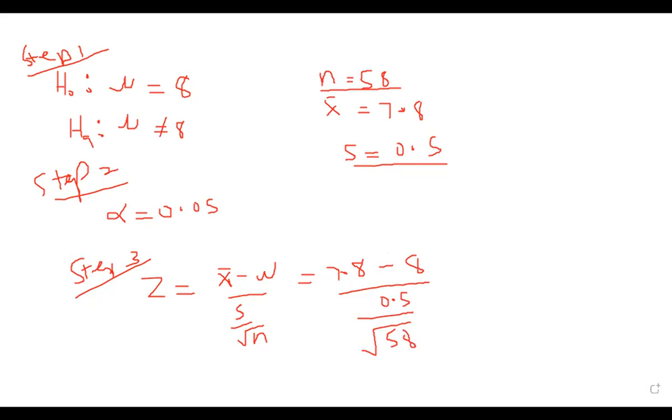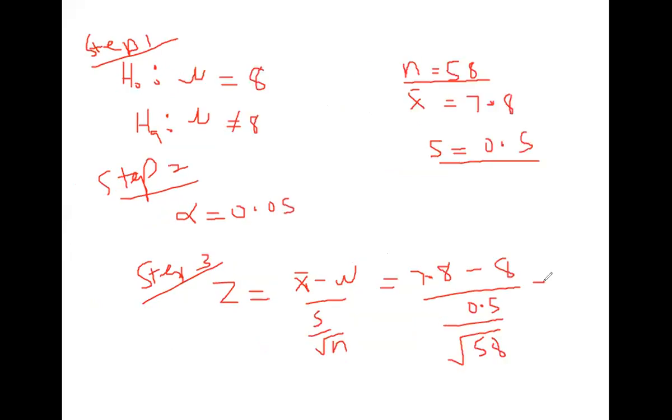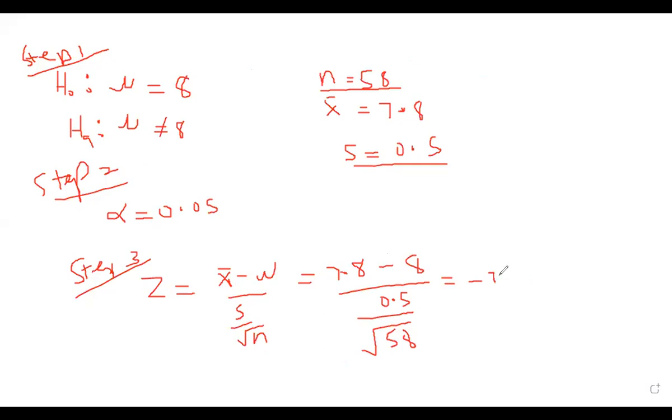So once we do the calculation, okay, over there we have negative 3.05, for the calculated value of the Z.